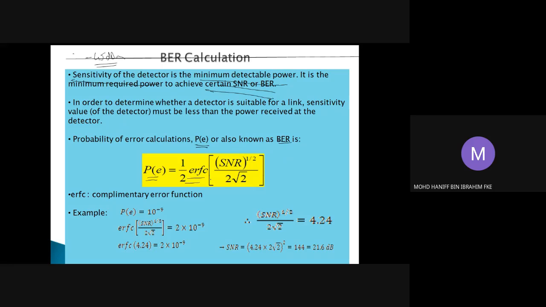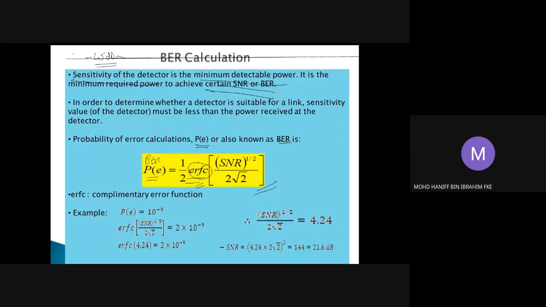In this error function, we have the square root of SNR divided by 2 times the square root of 2. So this is the equation that relates the BER and the SNR value, by the complementary error function, the ERFC.